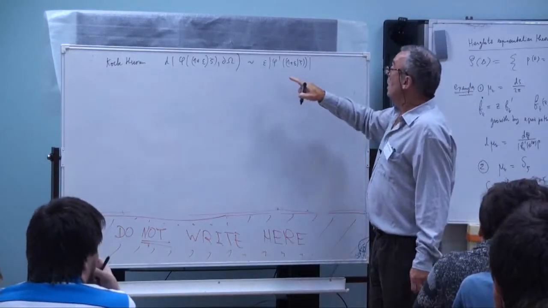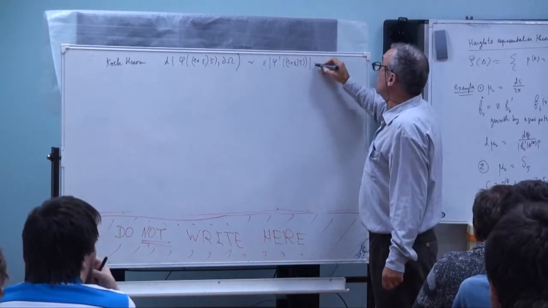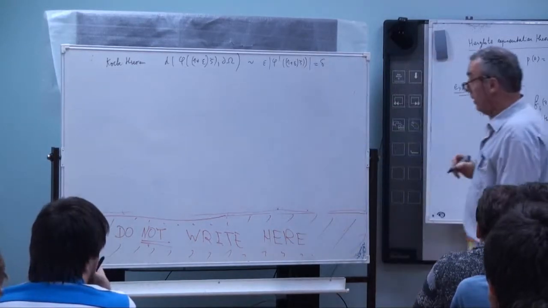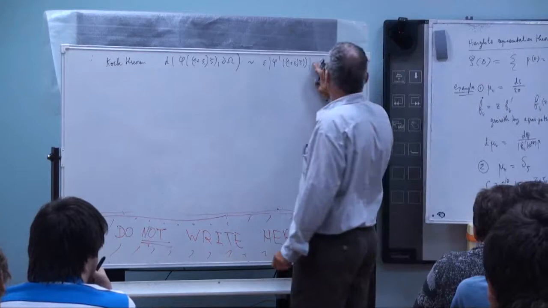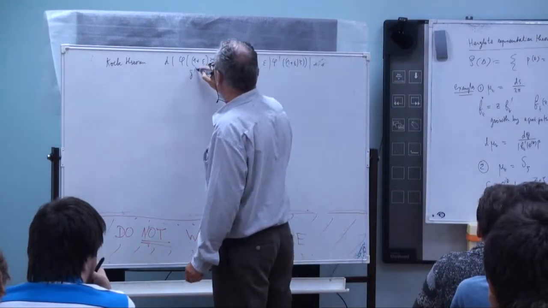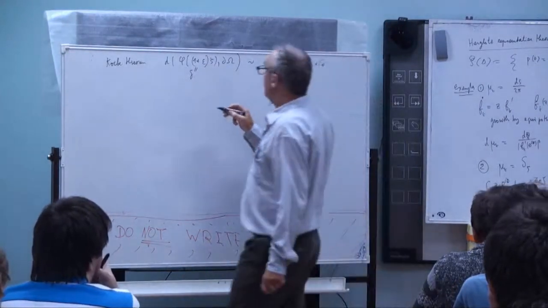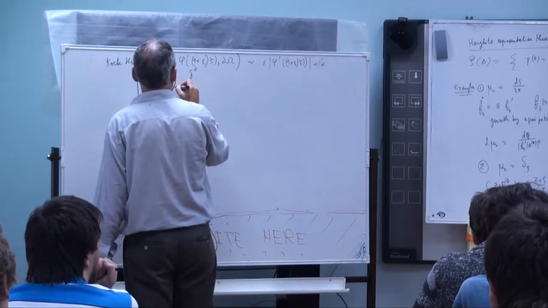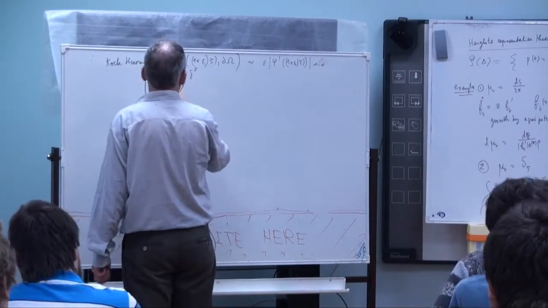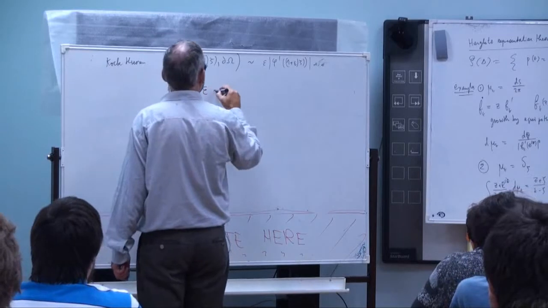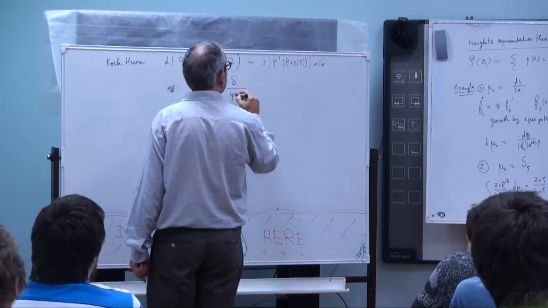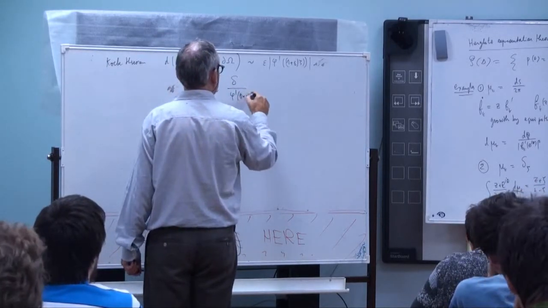And this is equal to delta. So it means that epsilon is essentially delta divided by phi prime of 1 plus epsilon zeta.